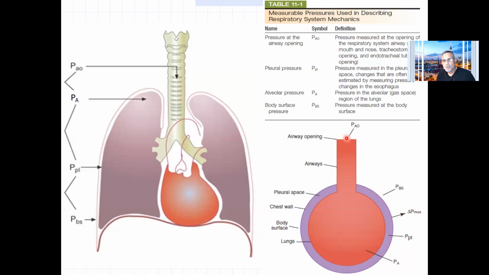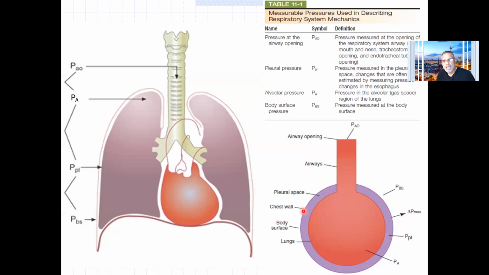Okay, so now on this side here, on the right side, we're seeing the scientific symbol that's really denoting the airway opening pressure. We're looking at the lungs, which is really the denotation of the alveolar pressure. We're looking at the pleural space, which also contains a pressure.